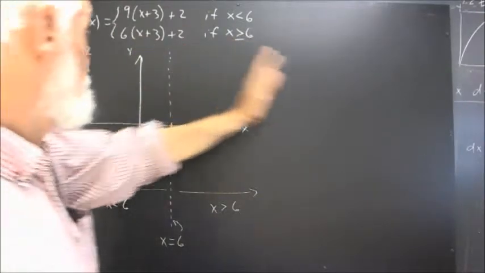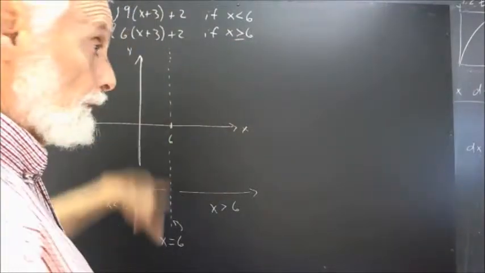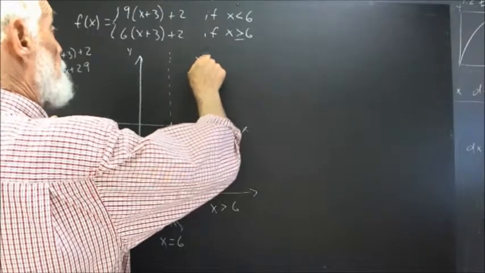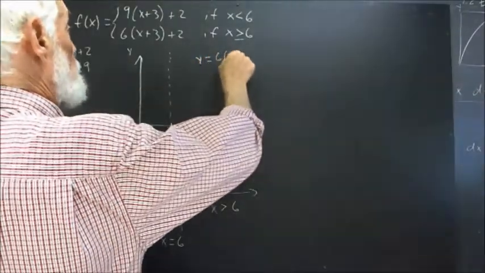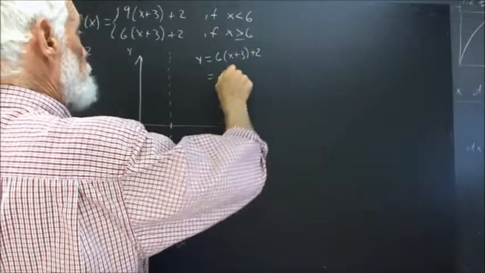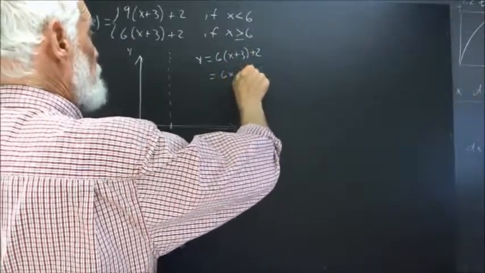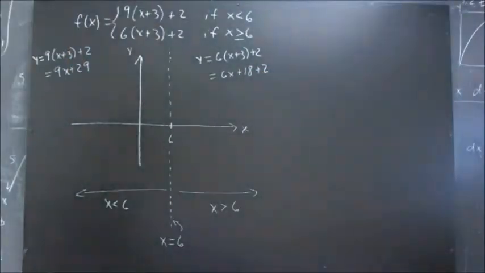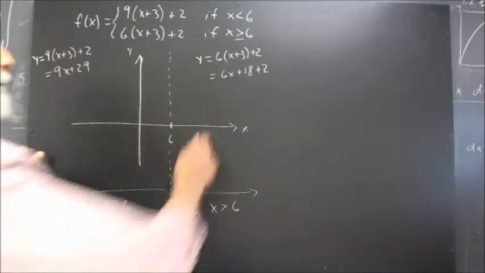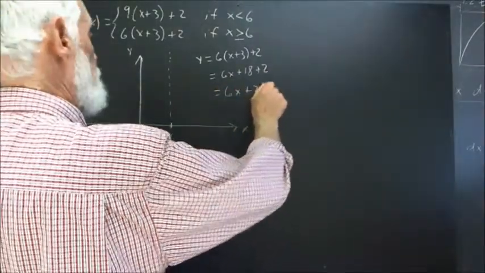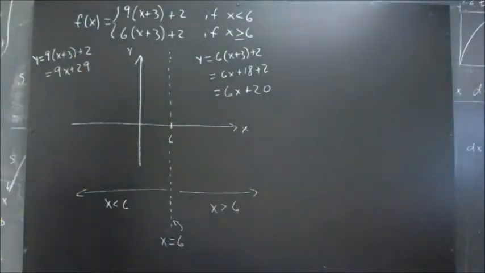To the right of this point, and including this point, and we'll see how that works in a minute, our function is y equals 6 times the quantity x plus 3 plus 2, which is 6x plus 18 plus 2. And that, of course, simplifies to 6x plus 20.